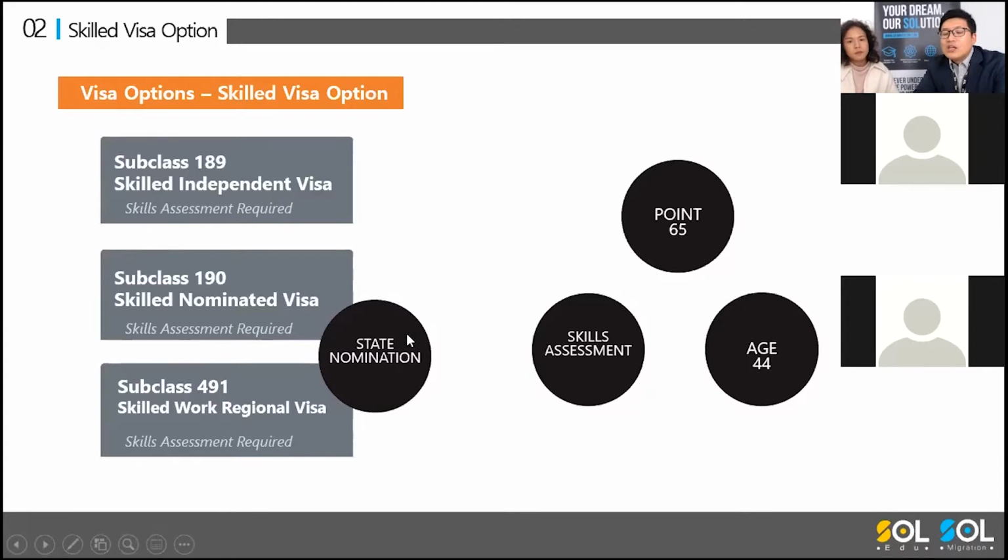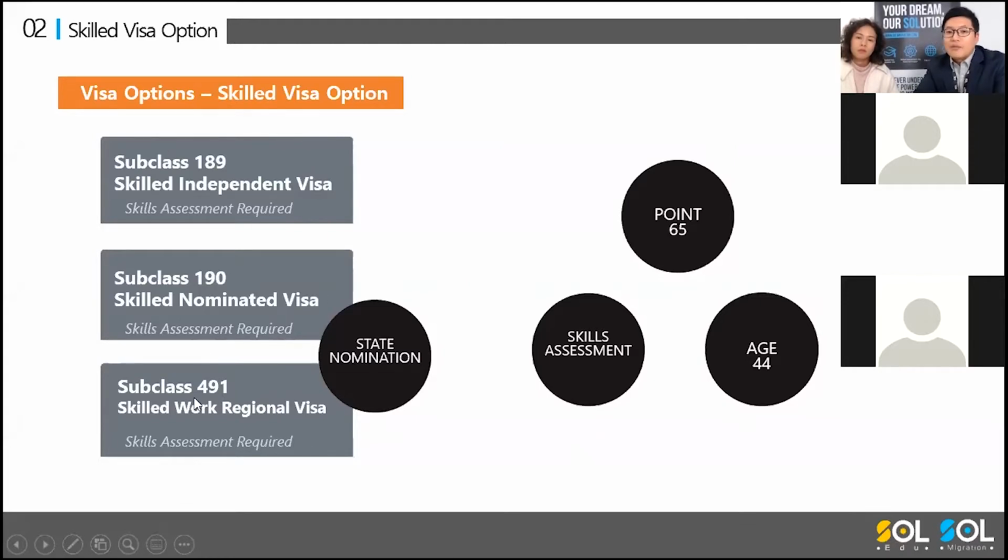So you must have the state nomination approval, then you can get a visa invitation for the 190 and 491. So you must understand each state's nomination requirements if you want to prepare for certain state nomination visas. So this is the skilled visa option.